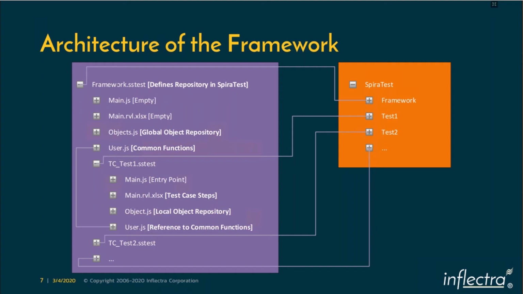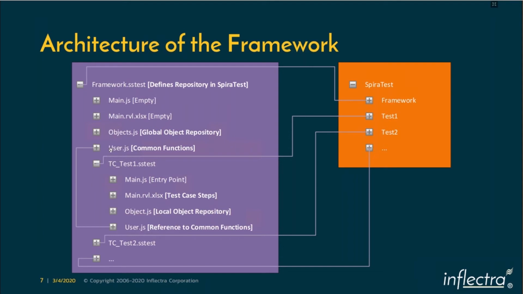And this root test defines a repository in SpiraTest. So we will be using SpiraTest for test case management and for execution. This framework SS test contains all the test cases of our framework. And these test cases are also Rapise tests, and their names start with a TC prefix.